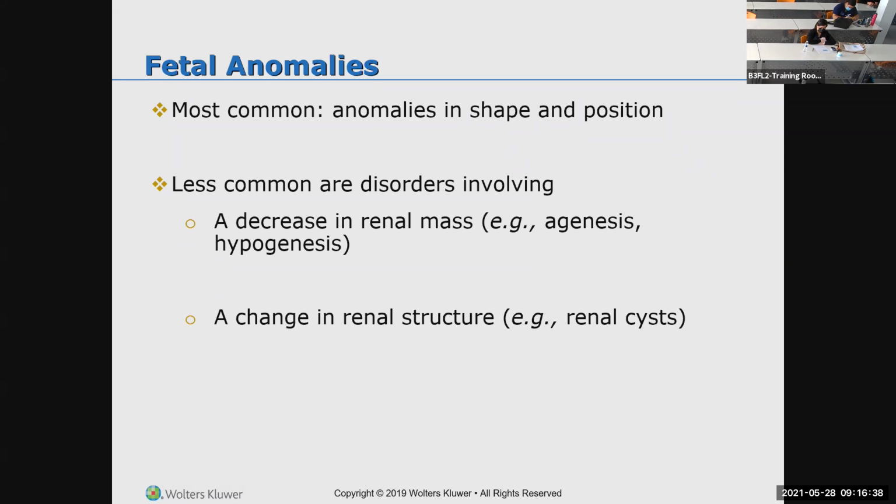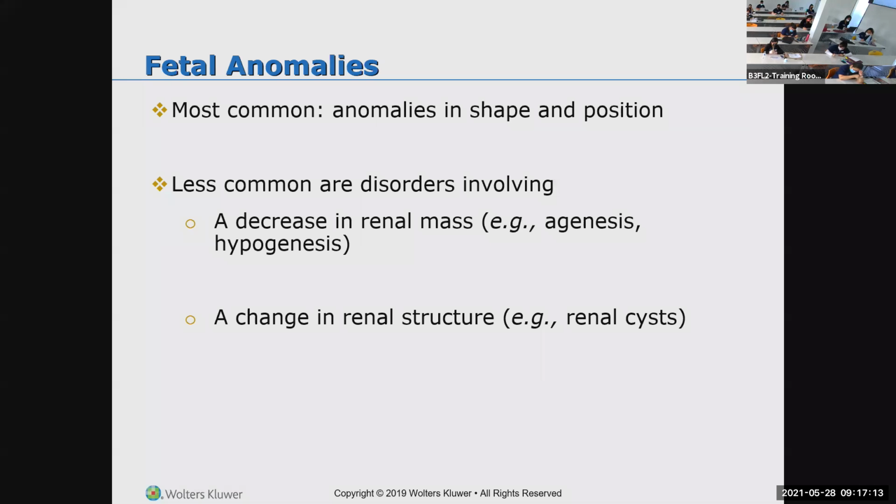When the two kidneys are joined at the lower pole or the upper pole, we call it horseshoe-shaped kidney. It is not in the PowerPoint, but it is in the textbook. If you look at the horseshoe. Or in some places, the kidney is displaced, not in its normal anatomical position. So these are the most common anomalies in terms of shape and position.